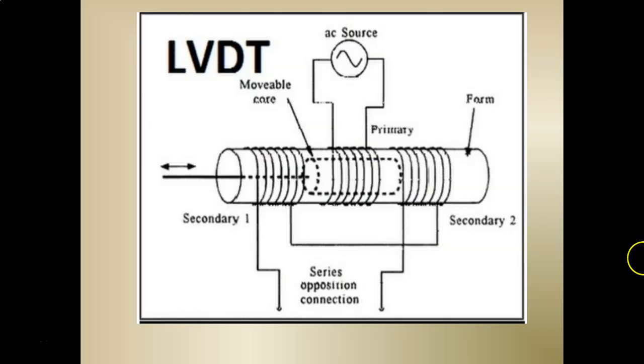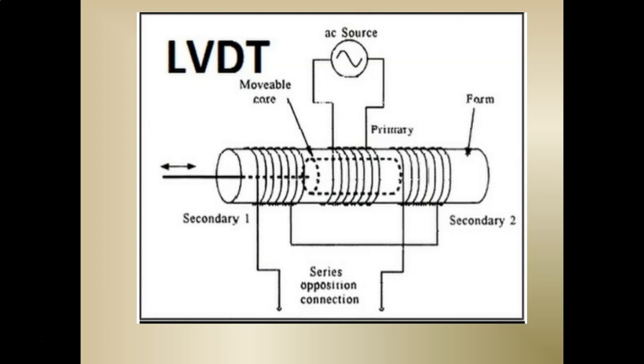In this diagram we can see that AC source is given to the primary winding. The secondary windings are placed on either side of the primary winding. Inside this former we have a movable core. Based on the displacement of this movable core, the flux will be induced on the secondary side and thereby we will be getting the output voltage.